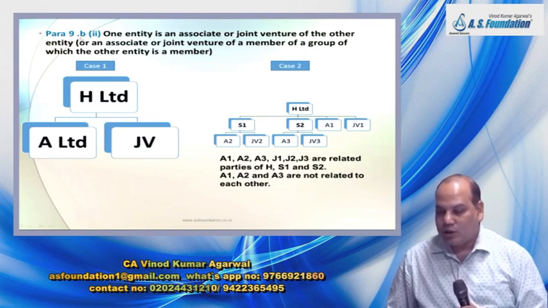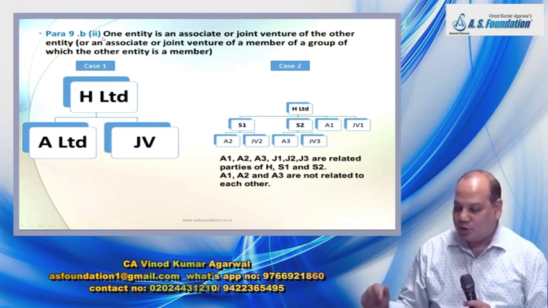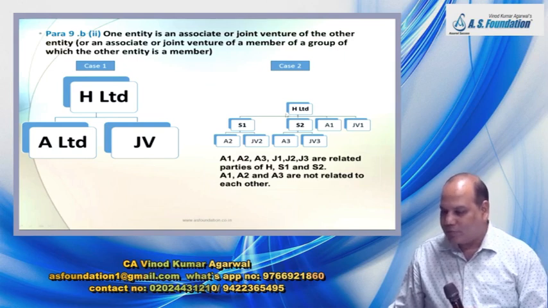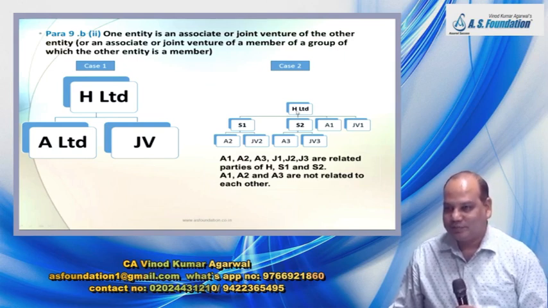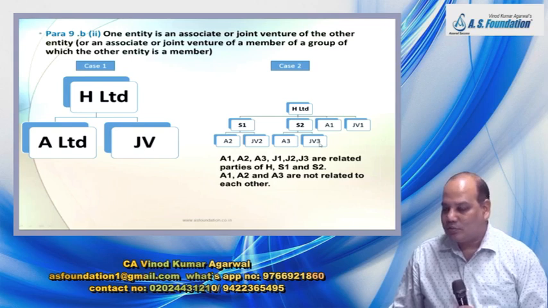Under clause 9B2, we're not discussing other clauses right now, my question is whether A2 will be a related party of H. JV2 will be a related party of H. A3, JV3 will also be a related party of H. Similarly, for S1, A1, JV1, A3, JV3 will become related parties of S1.